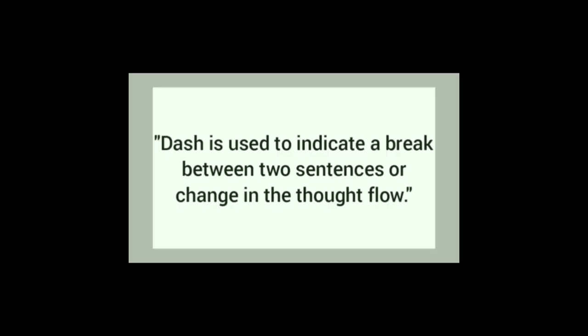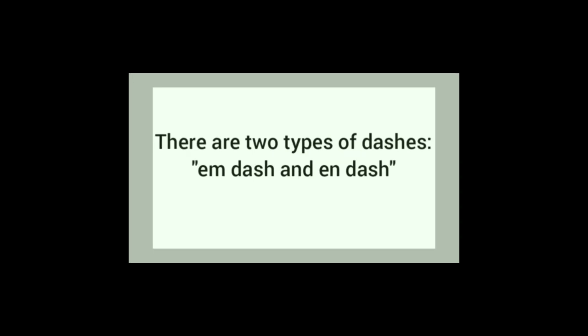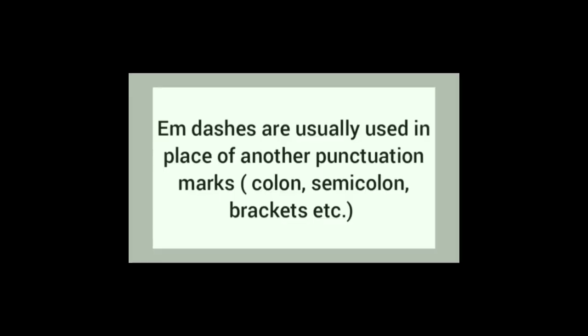Dash. Dash is used to indicate break between sentences or change in the thought flow. There are two types of dashes: em dashes and en dashes. Em dash. Em dashes are usually used in place of other punctuation marks like colon, semicolon, brackets.